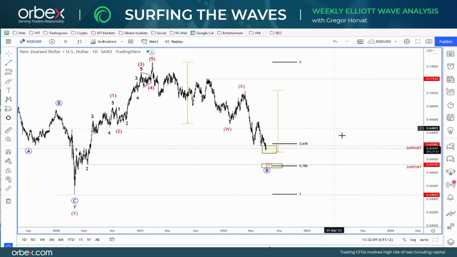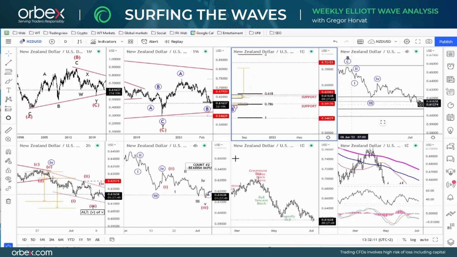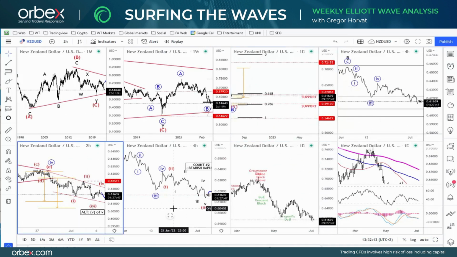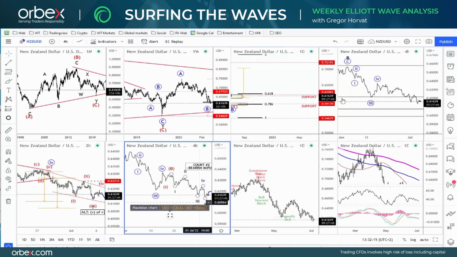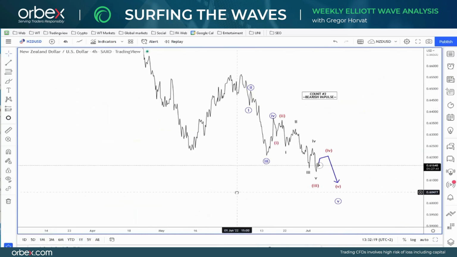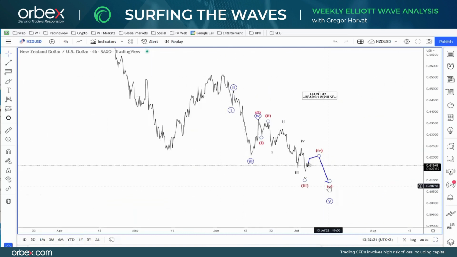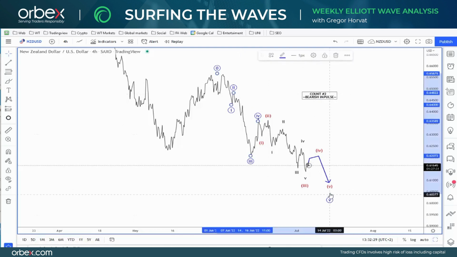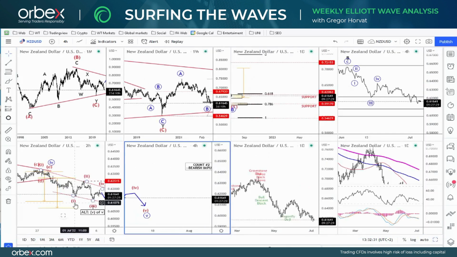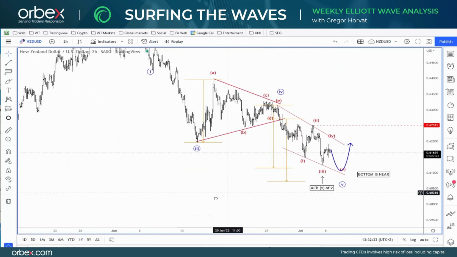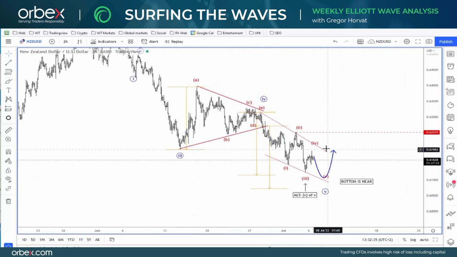Now, on the smaller degree time frame charts, here we have this bearish impulse going on, and there can be room for more weakness based on this second count that I also have back in my mind, or even this could now be a potential ending diagonal in the making here for wave 5.